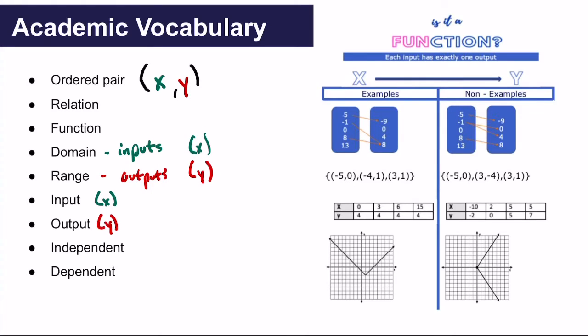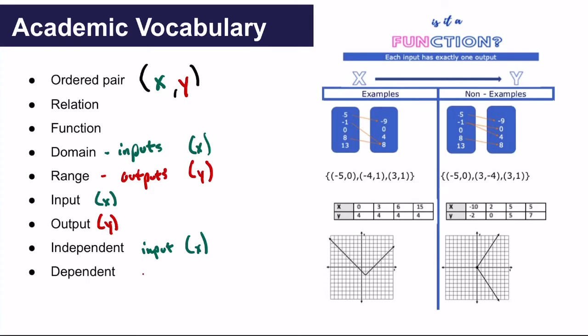Independent would be a number that doesn't depend on anything. So think about being an independent person. It doesn't rely. So if the input would come in, it works with everything. It's very independent, and then it comes out with the output. So the independent would be our inputs or our x values.